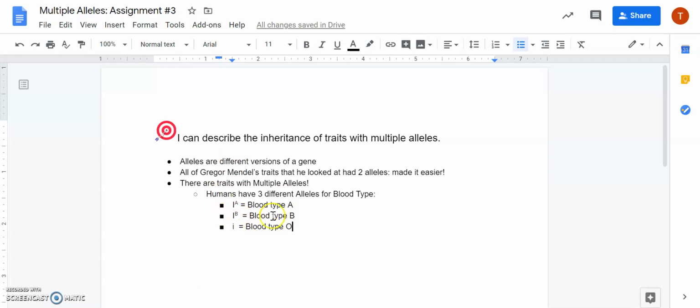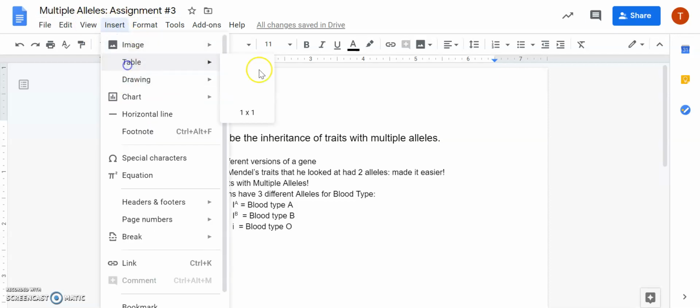There's a reason here why they used big I's and little i's. If you think back to our standard genetics, capital letters are for dominant traits, lowercase letters are for recessive traits. So in this situation, you have 2 dominant traits and 1 recessive trait. When we're talking about this, we're going to talk about different phenotypes and their matching genotypes. So I'm going to insert a table with 2 columns.